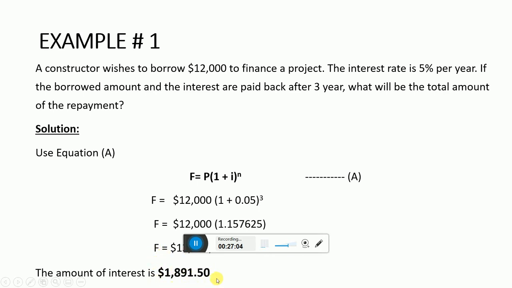So this is the interest which the constructor would pay after 3 years on the $12,000 which he has borrowed. So in this example, we have used the formula of single payment compound amount factor. Similarly, let's see another example.